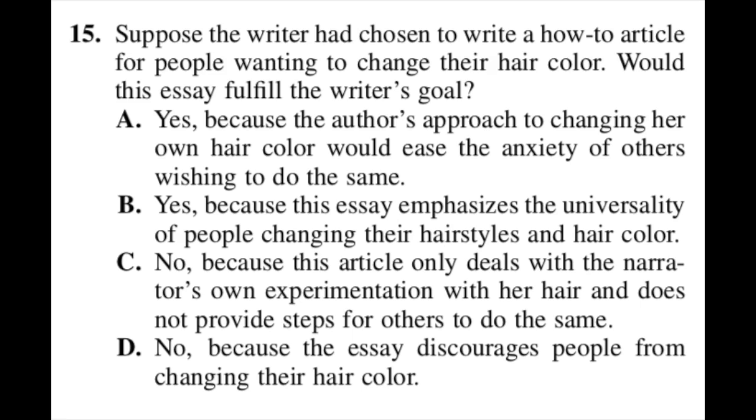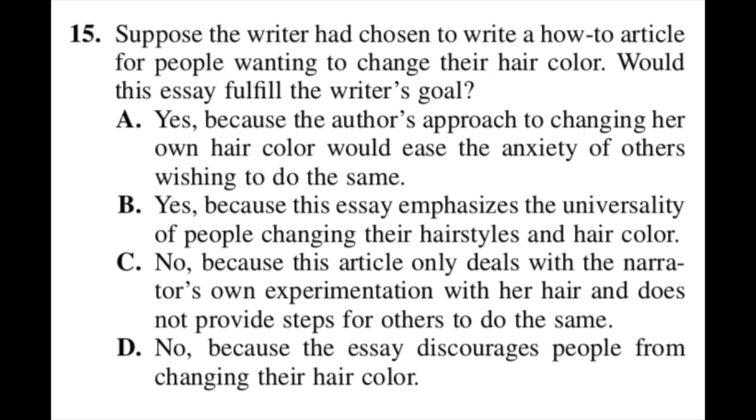Here's an example from a sample ACT test that asks what the author's purpose is. Without even reading the passage, we notice a few things. First, the question is asking about a how-to text type. If we know some of the typical characteristics about this text type, we can eliminate answers A and B because neither piece of evidence would really support that the article is a how-to text.